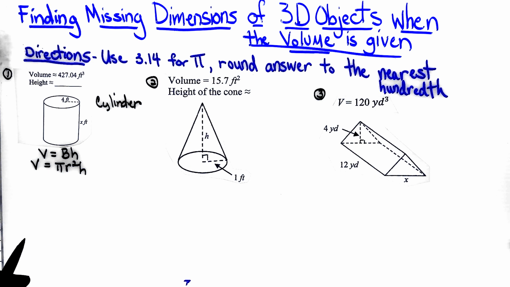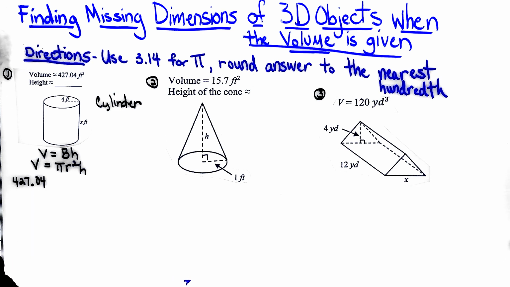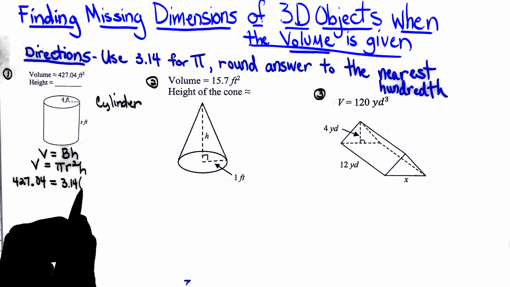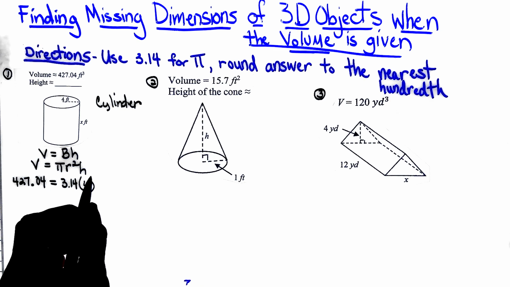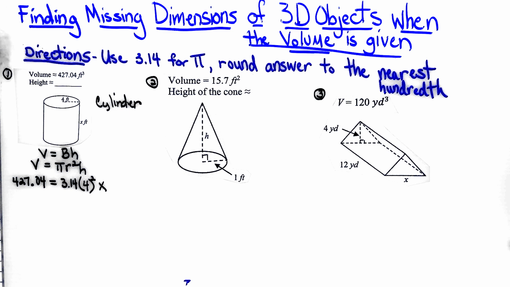All right, well, let's substitute in our numbers that we have. We have 427 and 400ths is equal to, I'm going to put 3.14. My radius is a 4, and we're going to square it. And the height is what we're actually looking for.